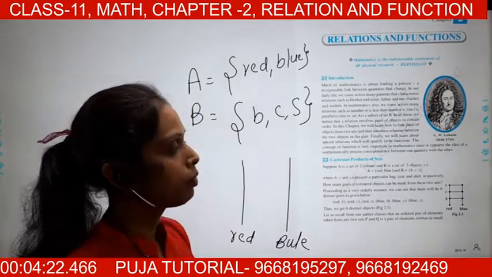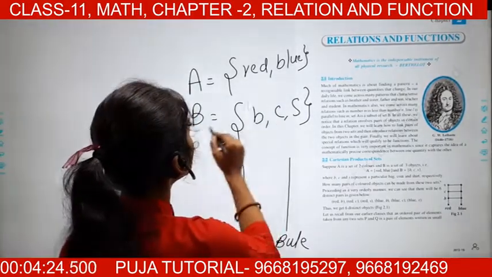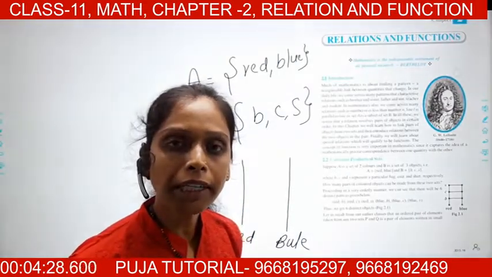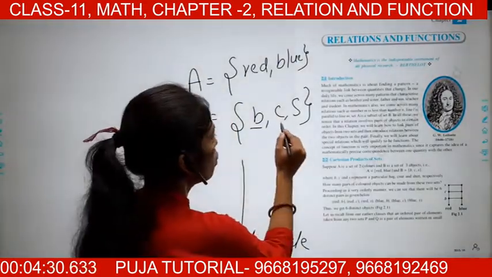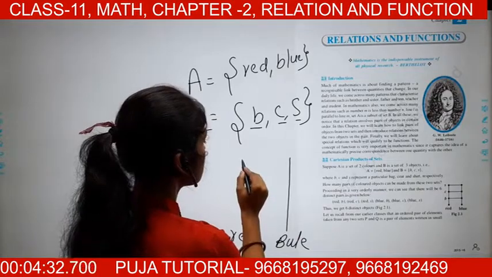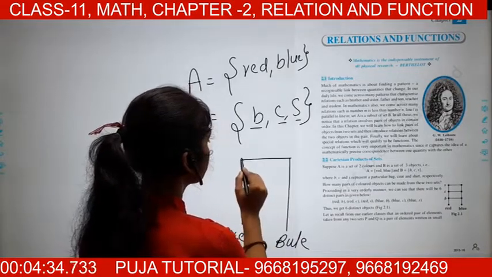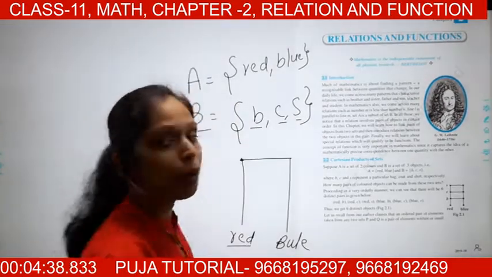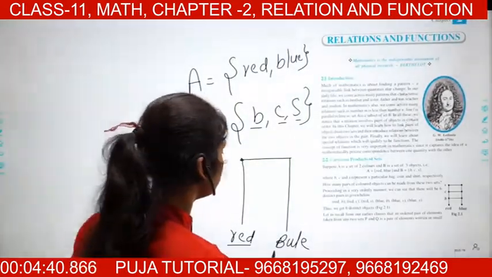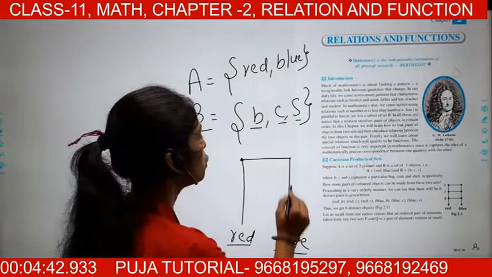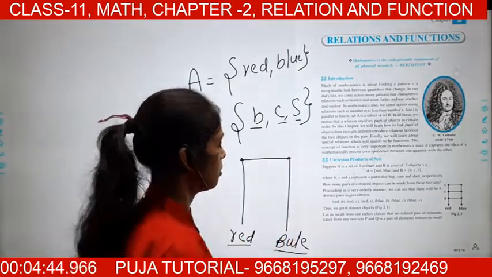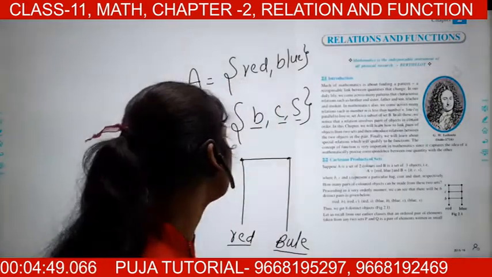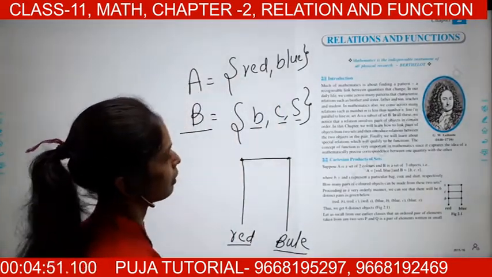How many elements are in B? Bag, coat and shirt. First is bag. The bag may be red or it may be blue. So there are two possibilities.